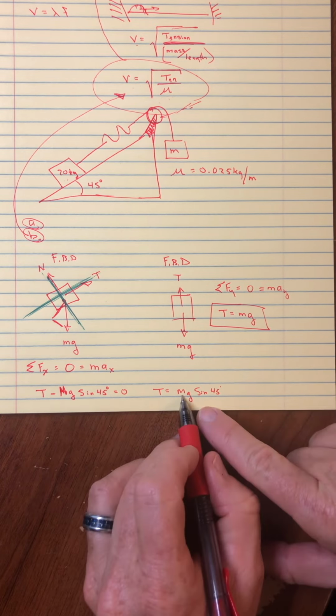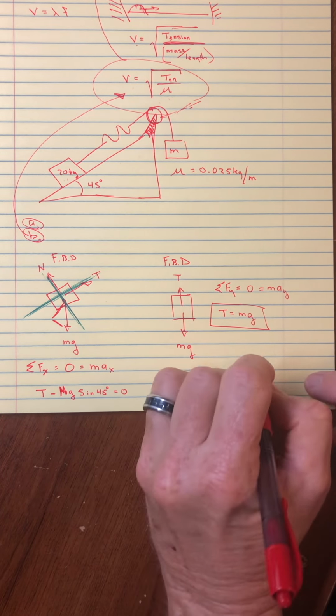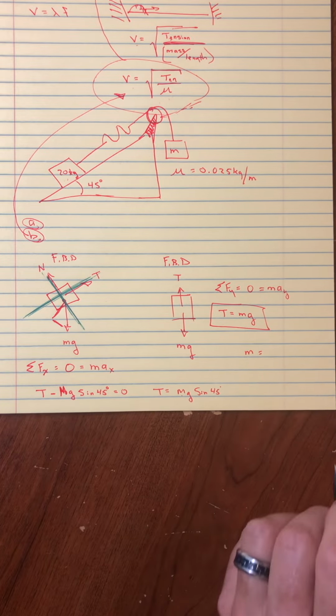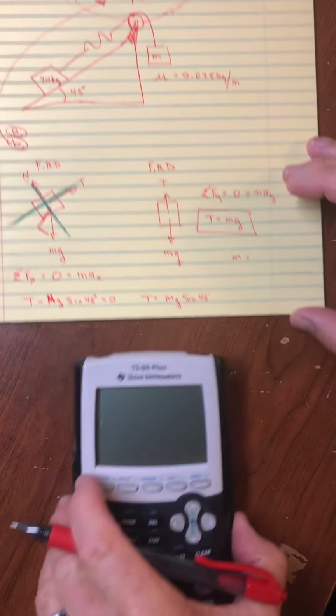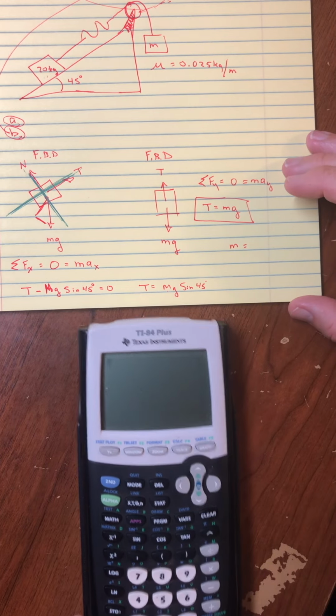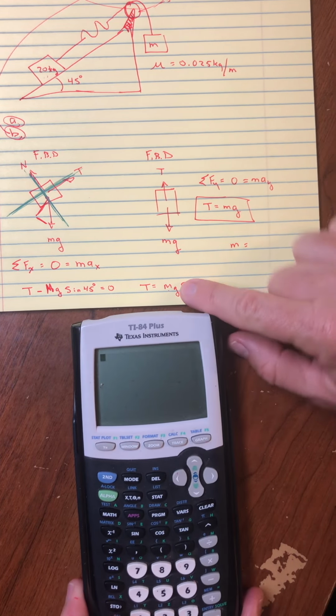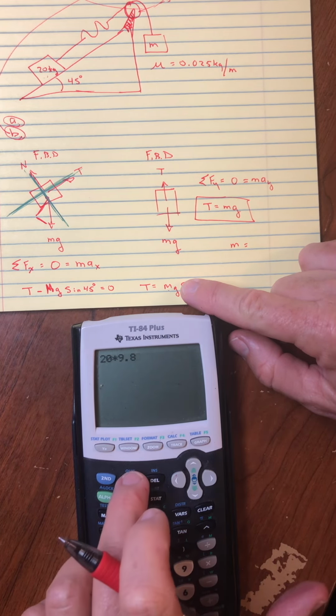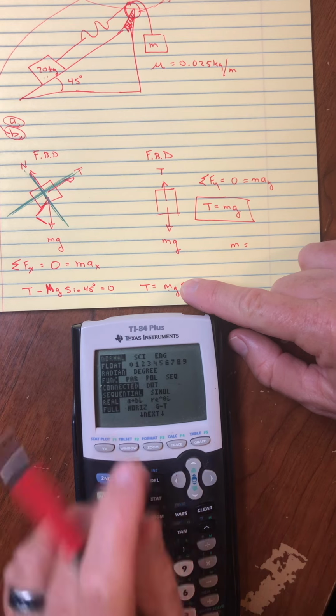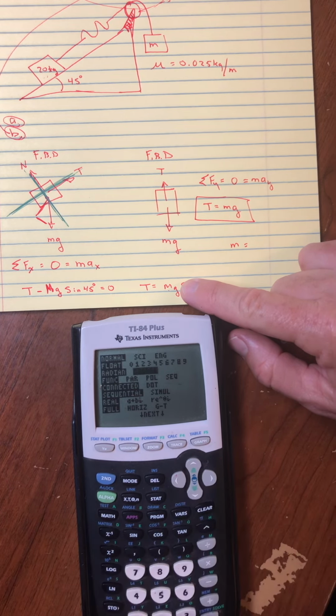And then once we know that, we can put it up to here to find out, A, how much mass do we have? Okay, so grabbing my calculator here, I'm going to take the 20 and multiply it by 9.8, and I think the last problems we were doing, we were in radians.